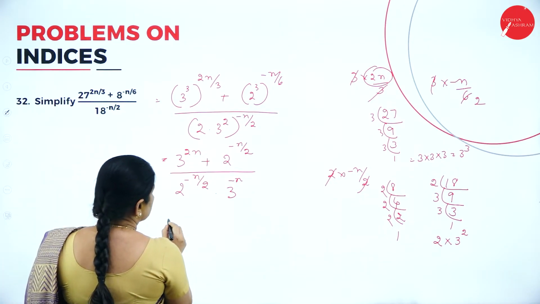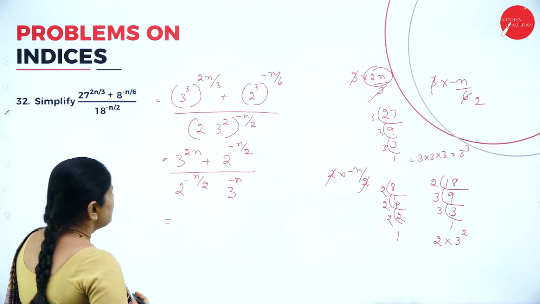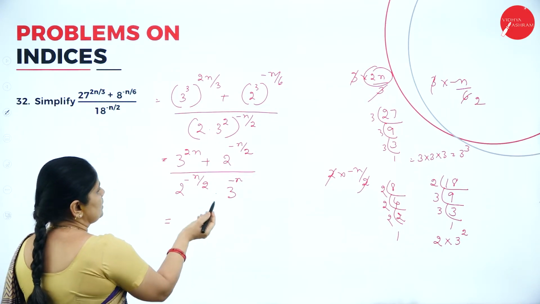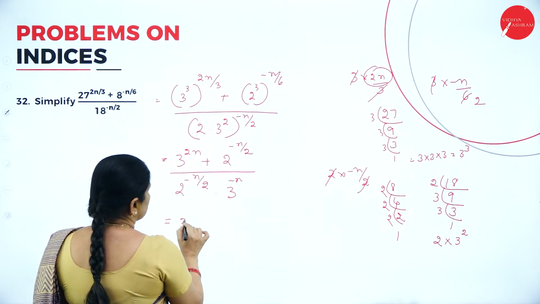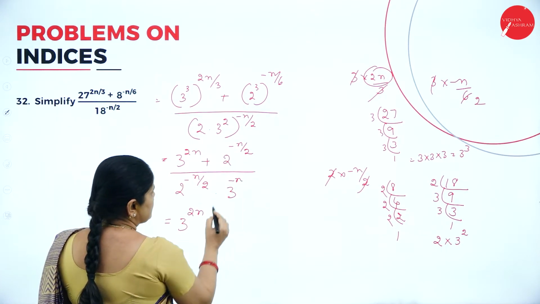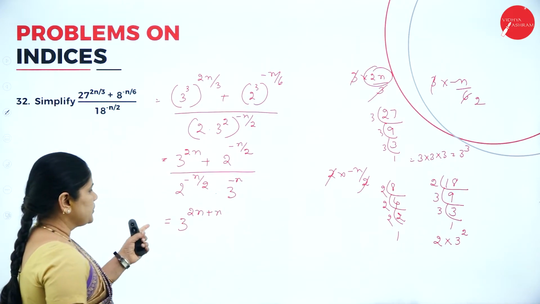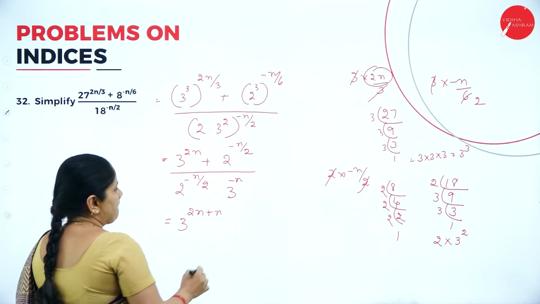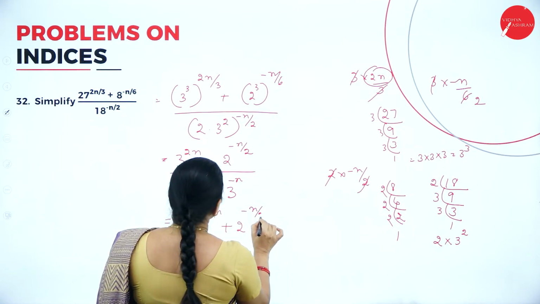Now when I simplify it further, what is the answer I'll get? So this will be equal to, I will segregate the base 3. So 3 to the power of 2n. So this minus n, when it comes up, it will be plus n. 3 to the power of 2n plus n, plus 2 to the power of minus n by 2.